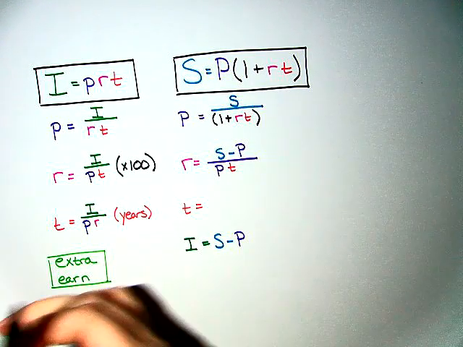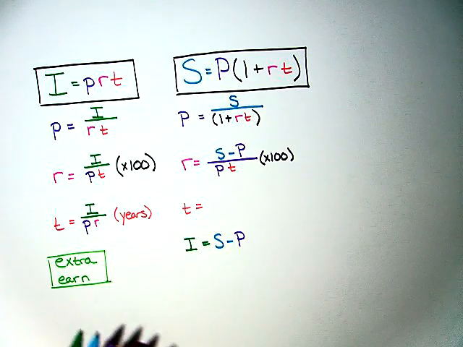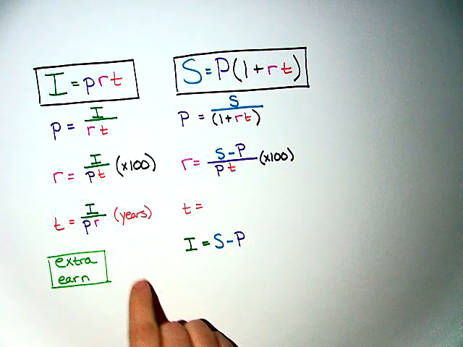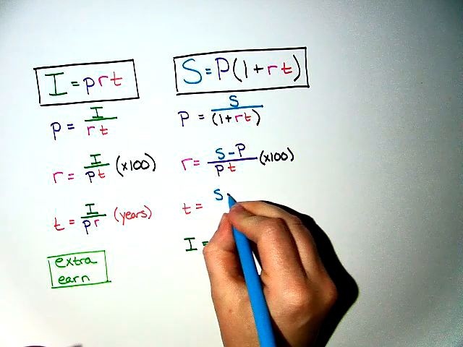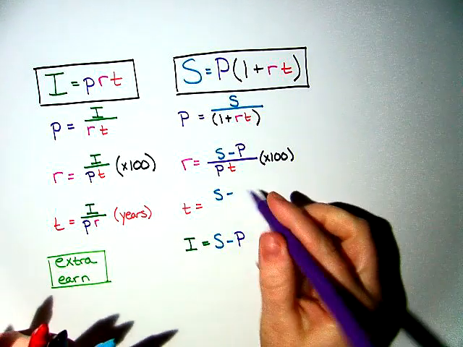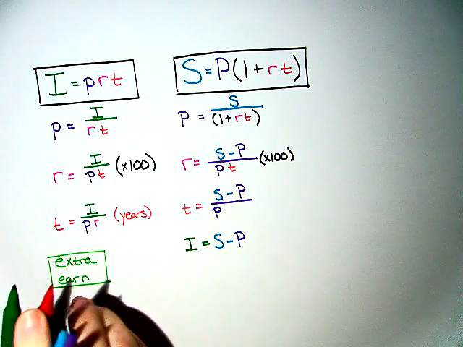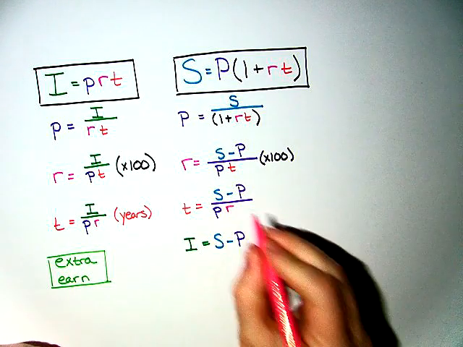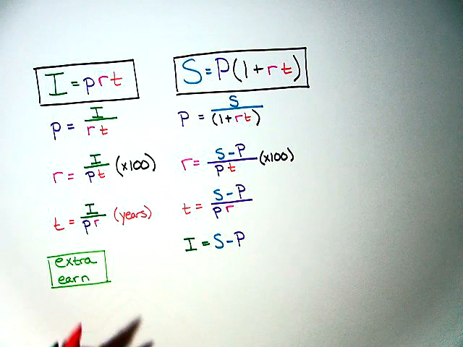And once again, once you get this, you will need to multiply by 100 in order to make it a percent. Time is the exact same way. Instead of writing I, we're going to write S and subtract our P and divide by the principal, but this time multiplied by the rate. So here's the parent formula and the three derivations.